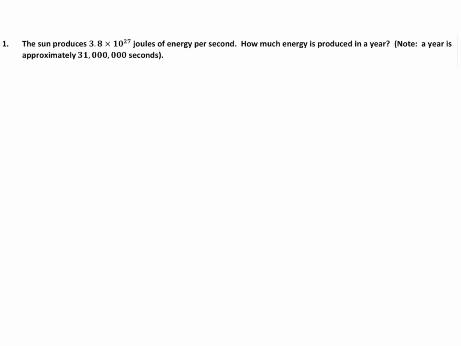The tricky part is, in order to do that, they both need to be in the same format. So I have 3.8 times 10 to the 27th, and that needs to be multiplied by 3.1, because 3.1 is between 1 and 10, times 10 to the 7th.